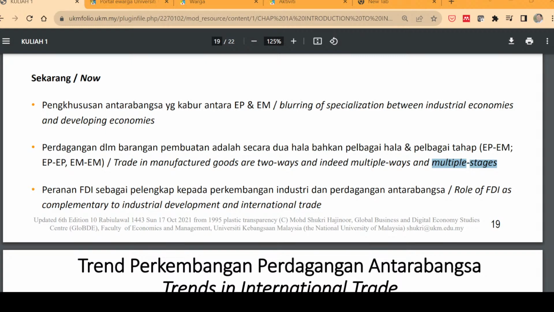However, in reality, we see that the more FDI, the more trade will follow. The more FDI, the more trade will follow.